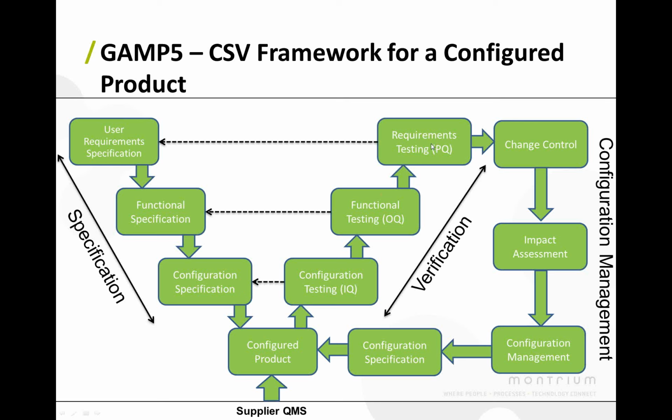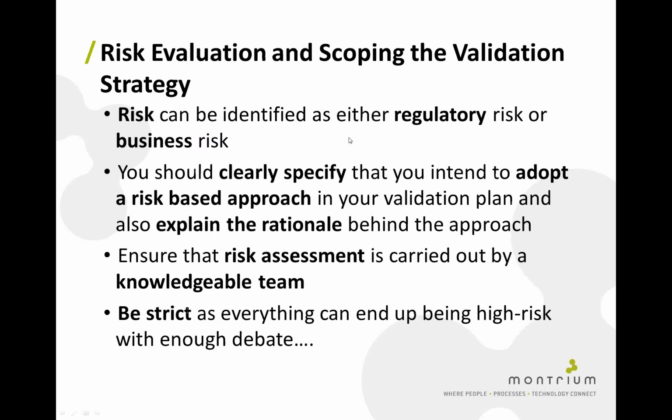Finally, we do requirements testing or PQ, and within the context of baseline SharePoint, we actually don't do this. We put everything together with OQ because we're not really doing any business-specific configuration. It's all very standard configuration. If you were building workflows and things like that, you definitely would be doing PQ to make sure that the system meets your user requirements. Once we've completed this verification phase, the system can then be put into production.